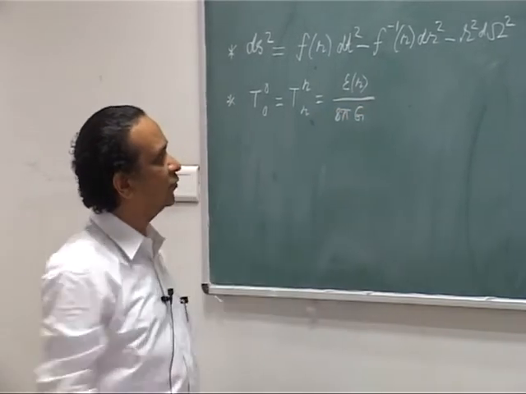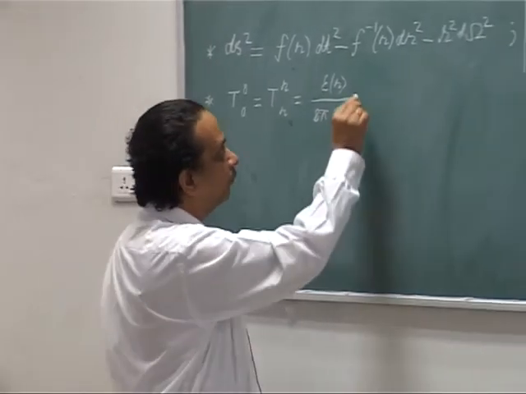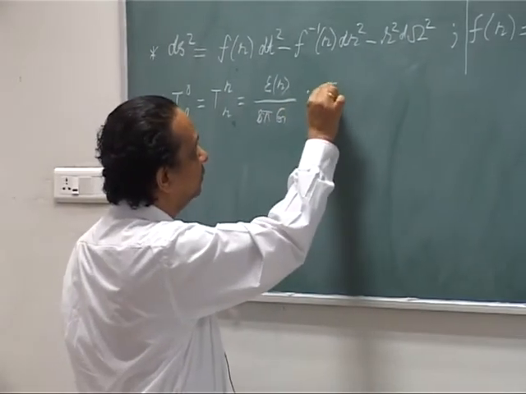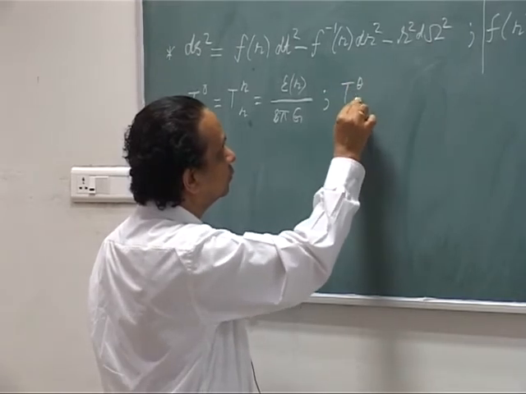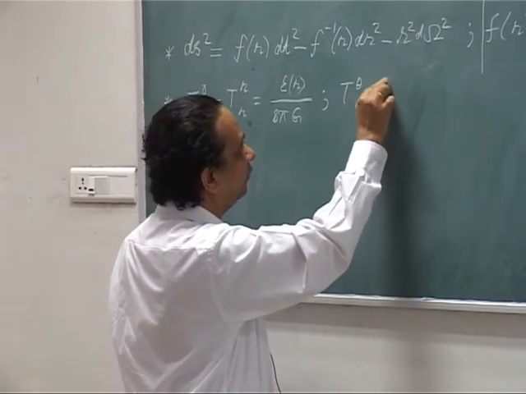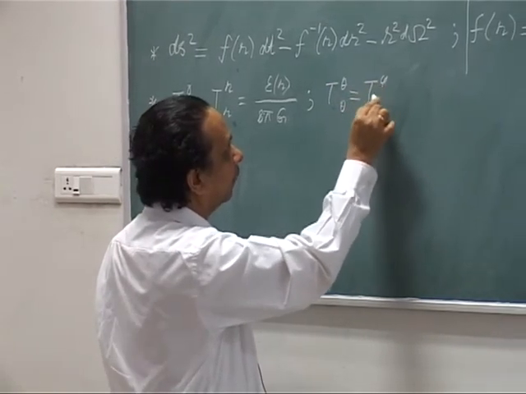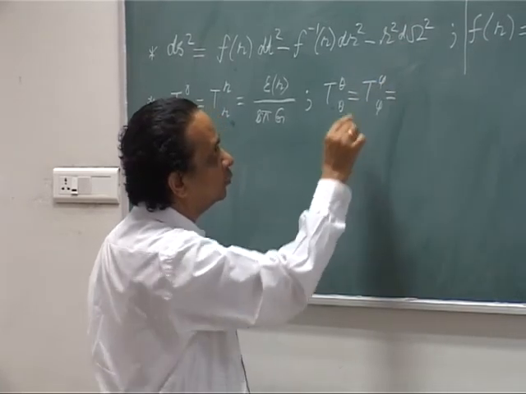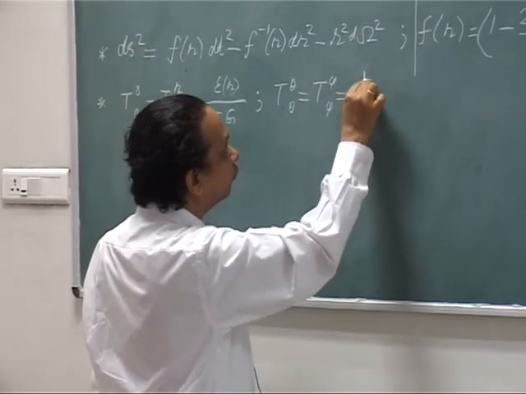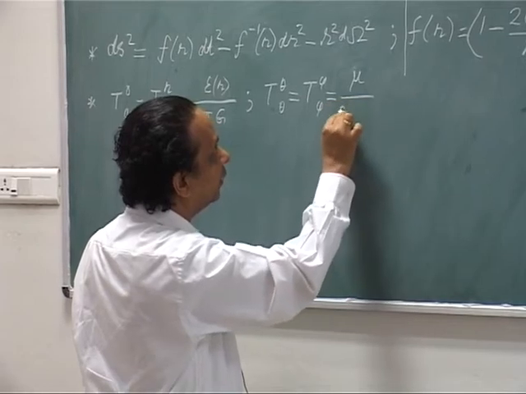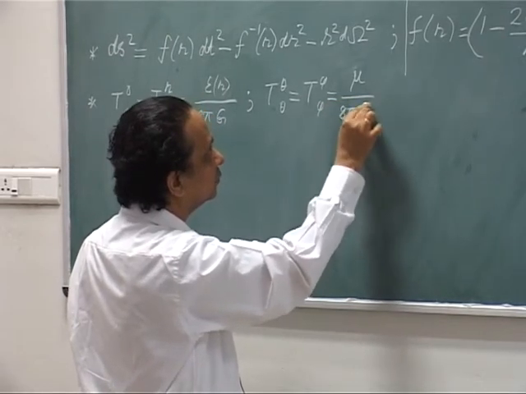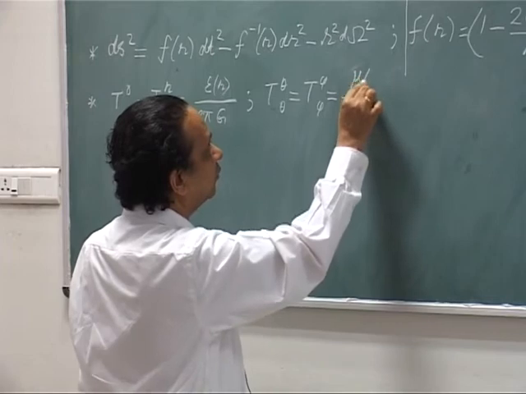This scaling is just for convenience, and T theta theta is equal to T phi phi is equal to mu divided by 8 pi G, where mu is also a function of r.